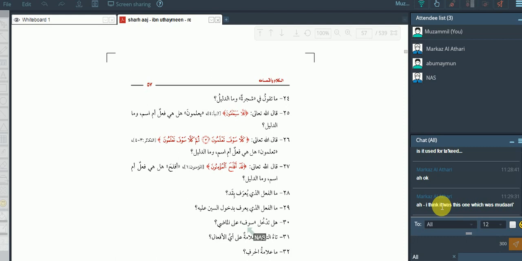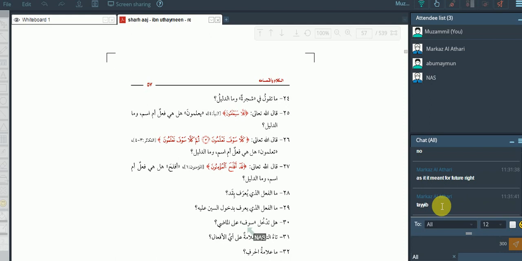Would the word سوف enter upon a past tense verb? The answer is no, it will not enter because the meaning is future.